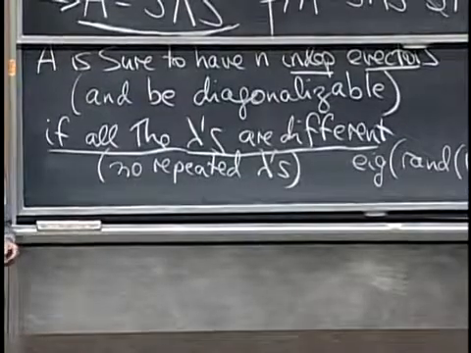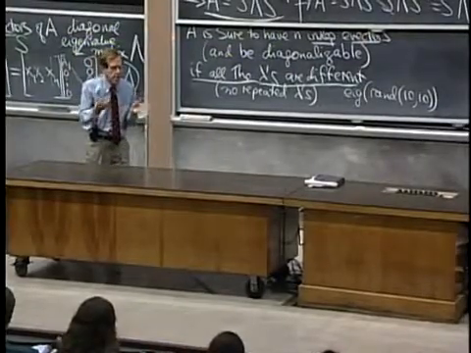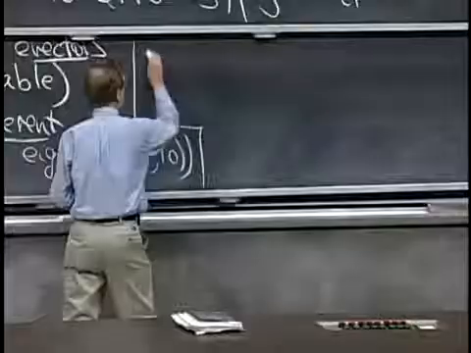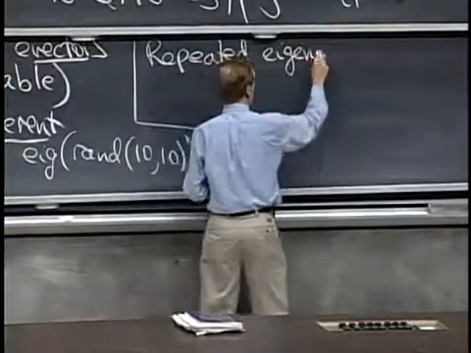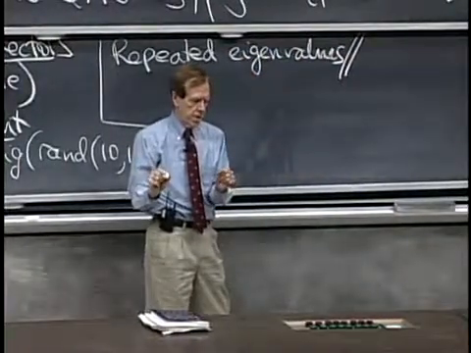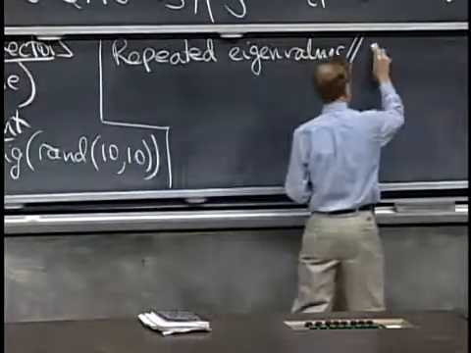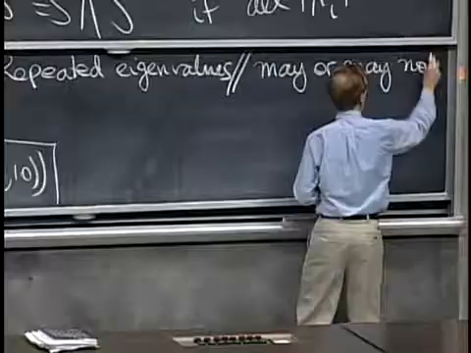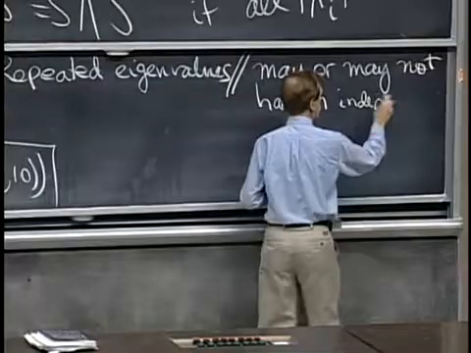If some lambdas are repeated, then I have to look more closely. If an eigenvalue is repeated, say it's repeated 3 times, I have to check. Let me emphasize the conclusion, that if I have repeated eigenvalues, I may or may not have n independent eigenvectors.